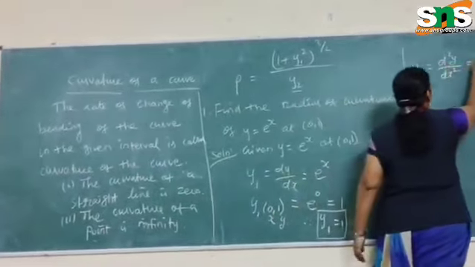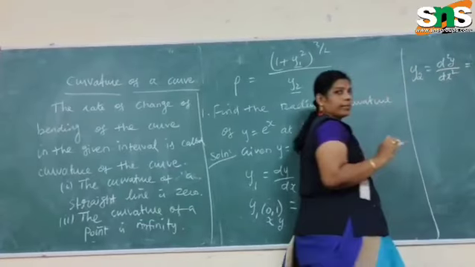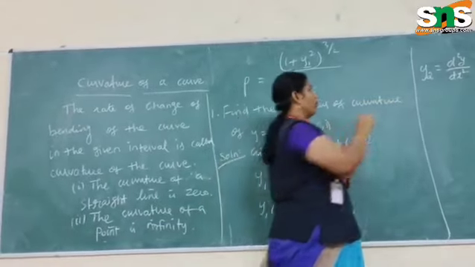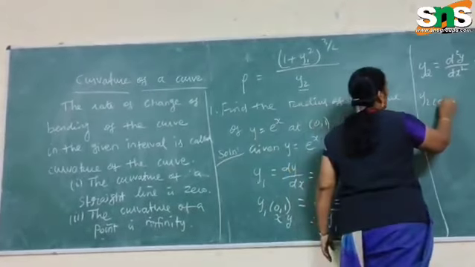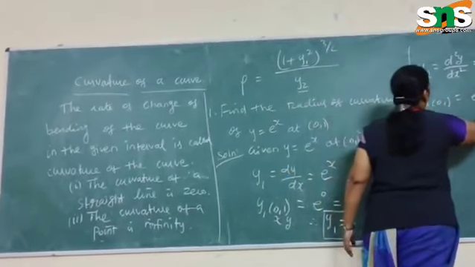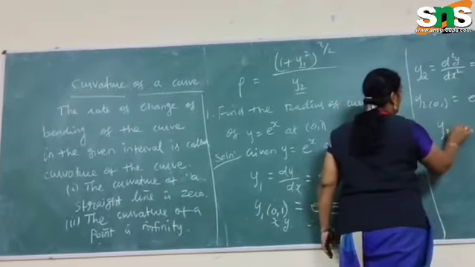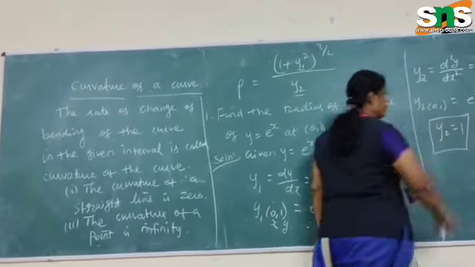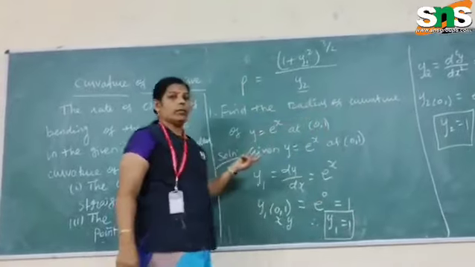So d squared y by dx squared equal to e power x. Given the point (0, 1), now substitute the point in y2: e power 0 equal to 1. Then y2 equal to 1. Both y1 and y2 have value 1.